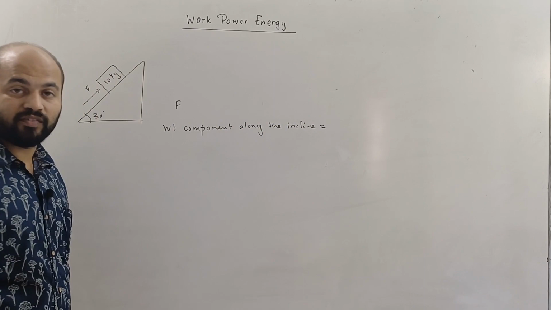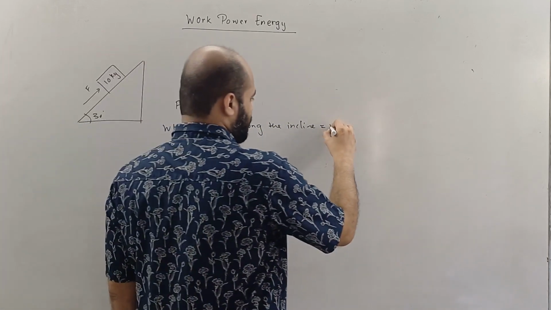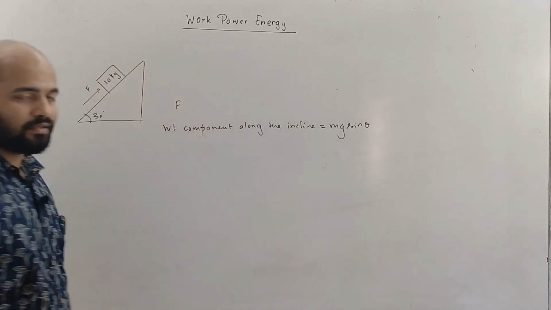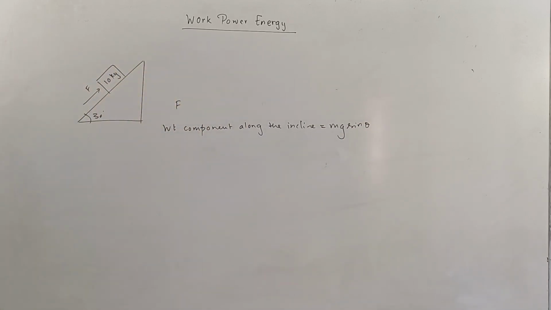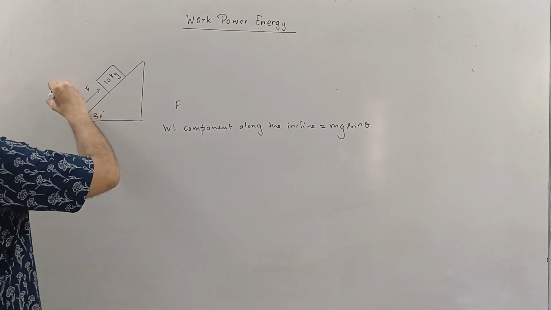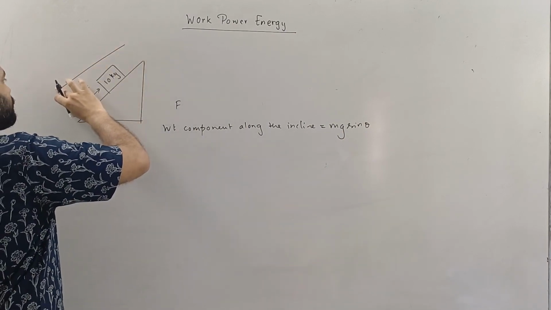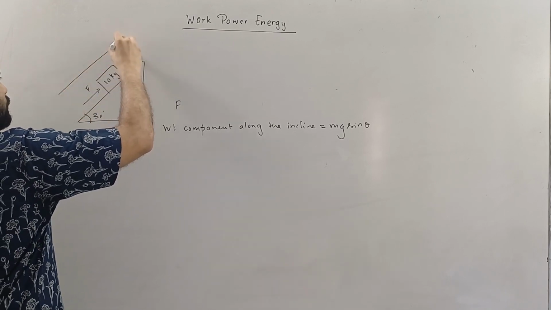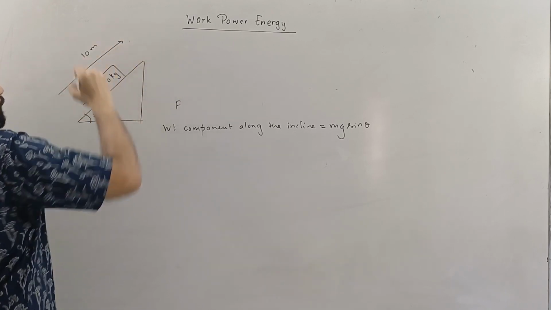As we know, we have studied in NLM, that is mg sine theta. So this is a force which is acting down. Now this has to be displaced on top basically. This has to be displaced on top 10 meters.